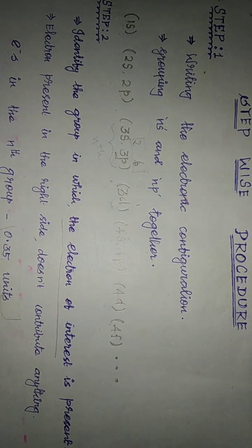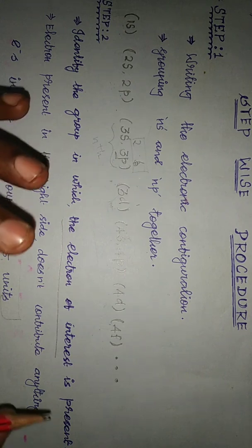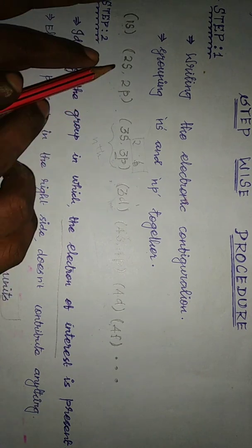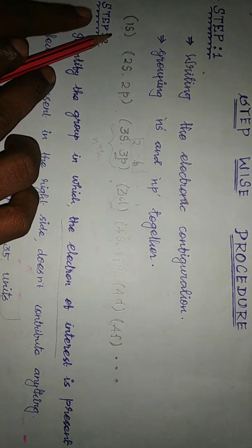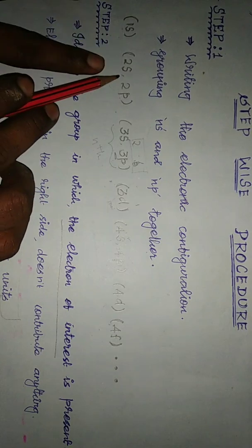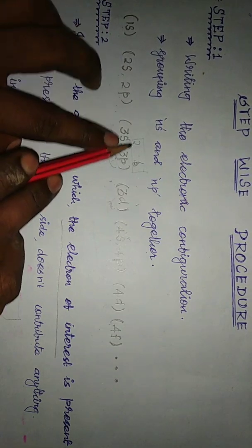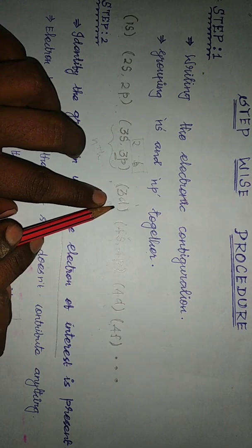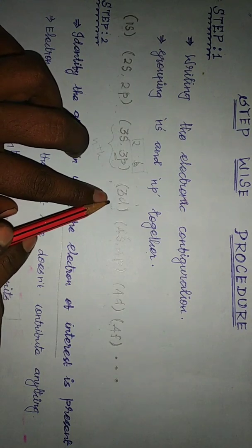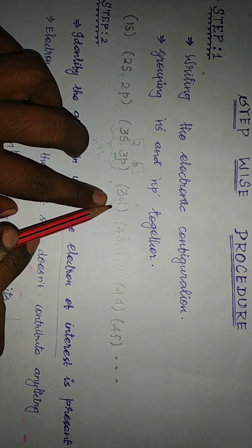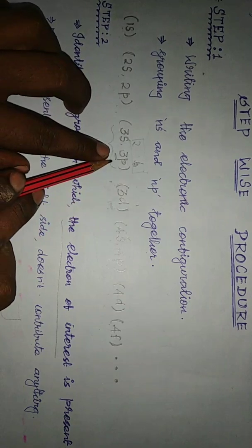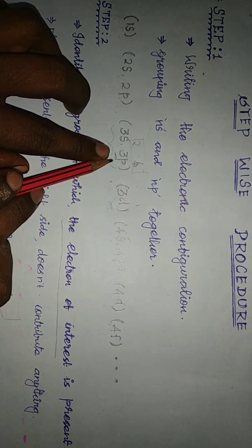Then, electrons present on the right side. For example, suppose you are writing the electronic configuration from the 1s orbital: 1s2, 2s2, 2p6, 3s2, 3p6, 3d1. Like this you have an electronic configuration, and in the problem you are asked to calculate the effective nuclear charge of the electron present in the 3p orbital.